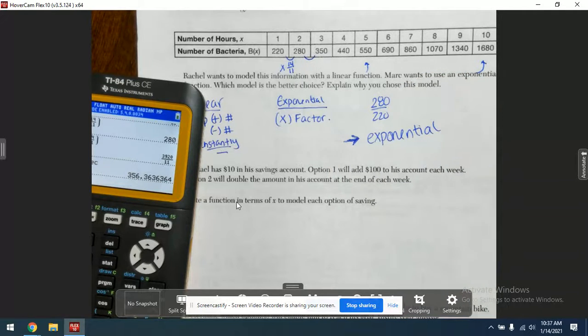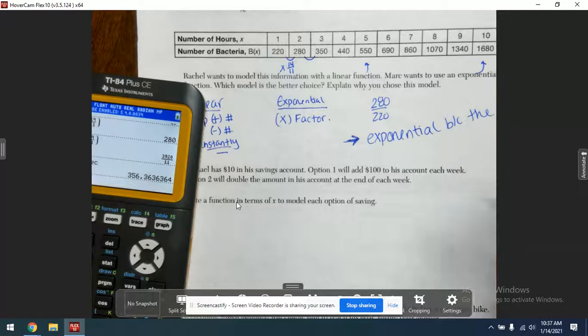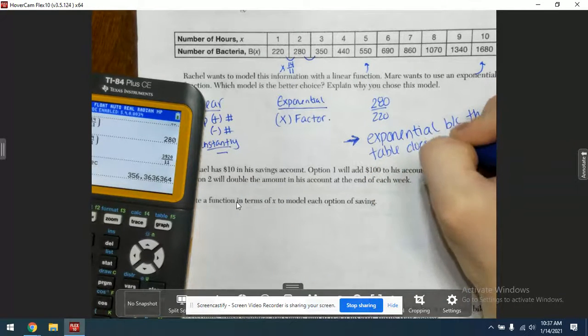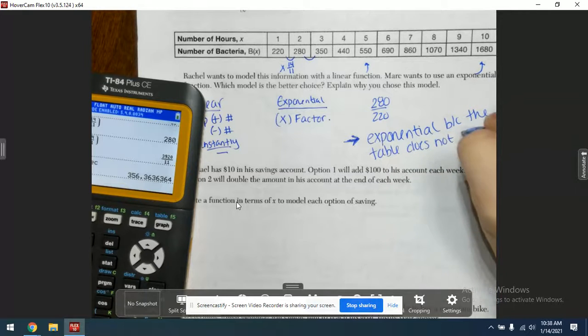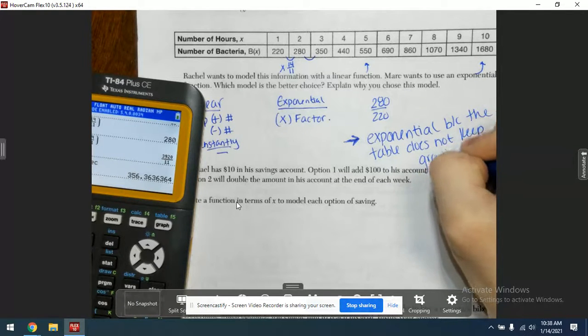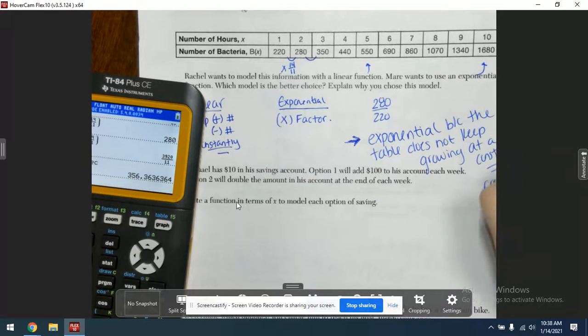So exponential, because the table does not keep growing at a constant rate.